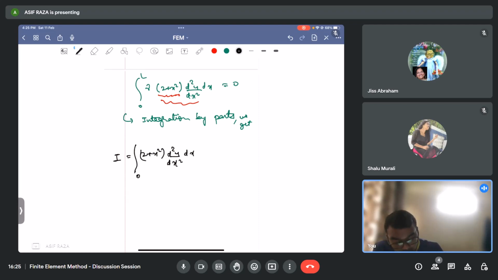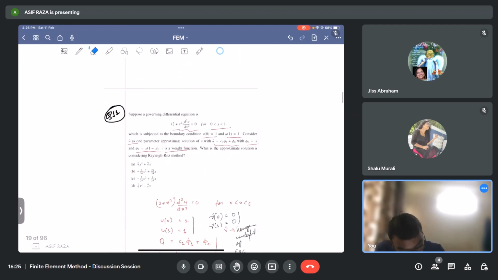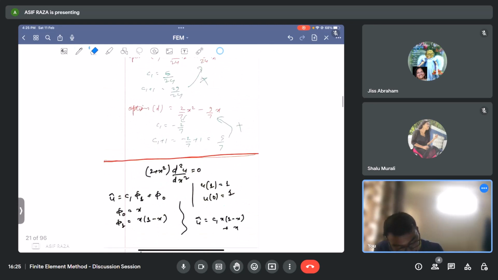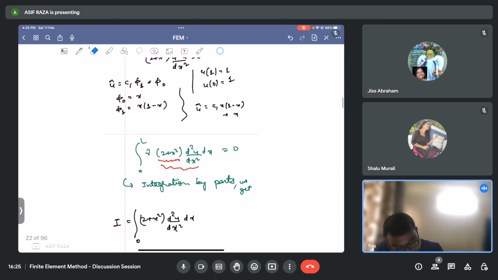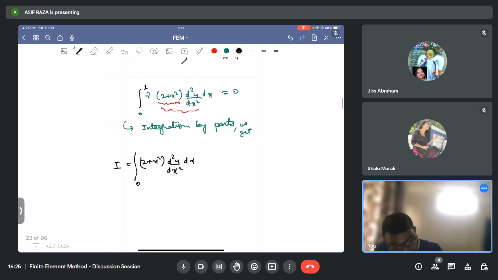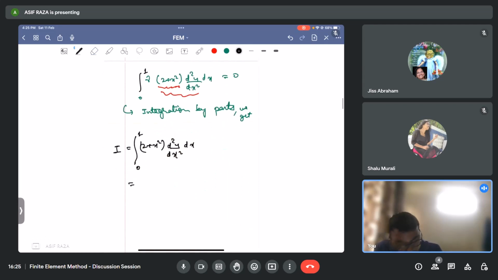Okay, 0 to 1, we don't have L, right? So let's do the integration by parts to this question.